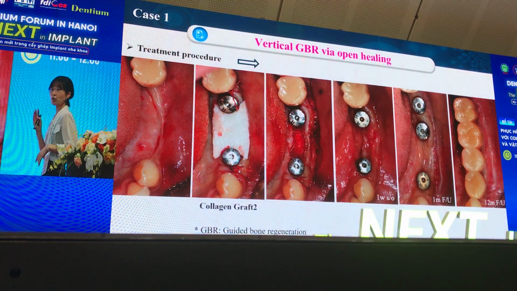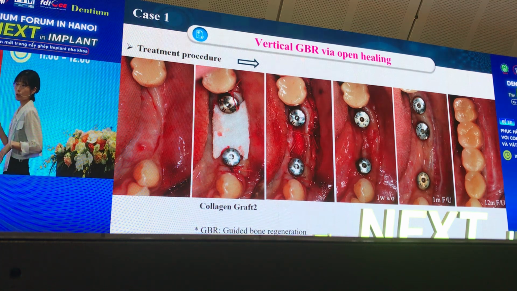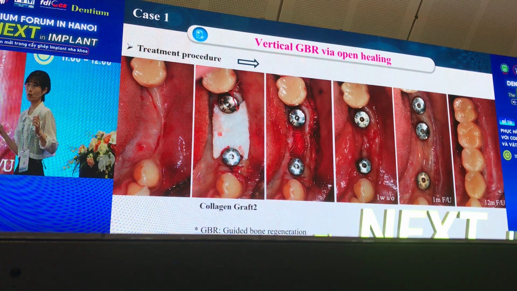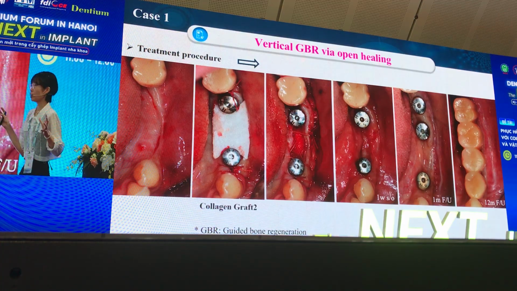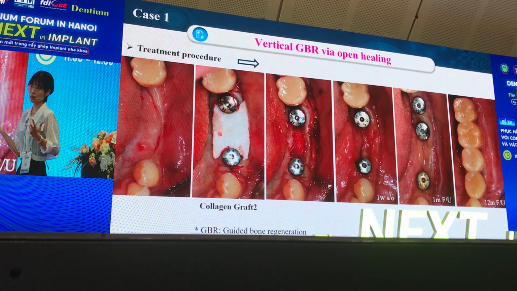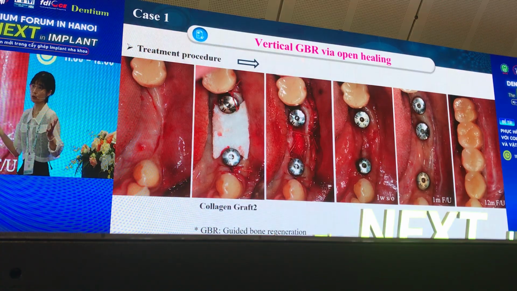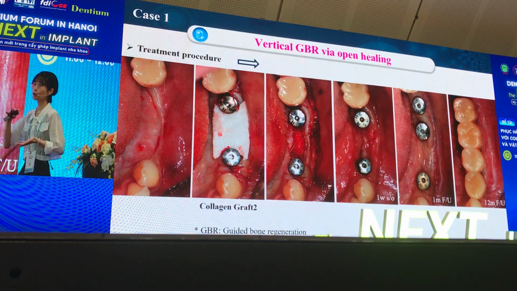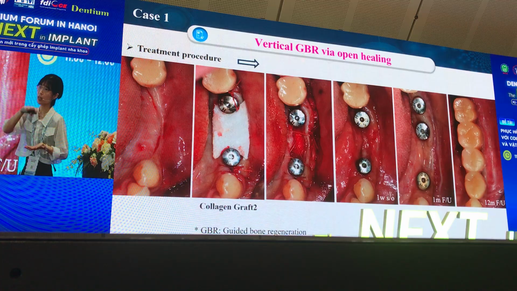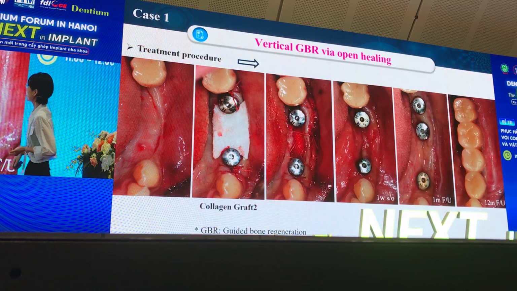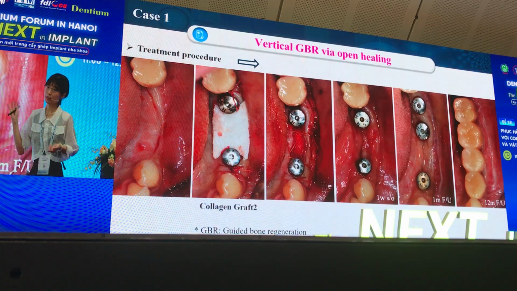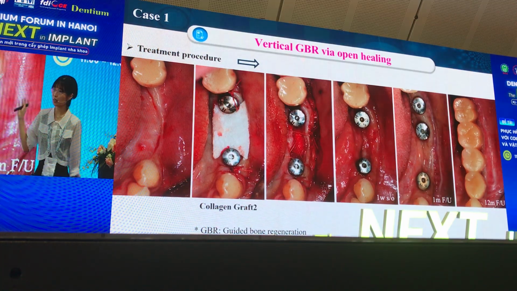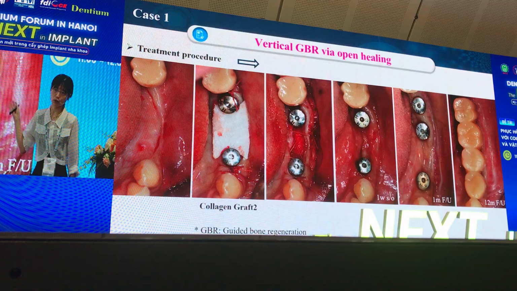Because, as I told you, the Collagen Graft 2 is very strong in the case of open healing, because it can make proper and good soft tissue regeneration, and also it can make good bone regeneration underneath the stable gingiva. So I did the implant placement and simultaneously did the vertical procedure, and I did open healing with the Collagen Graft 2.